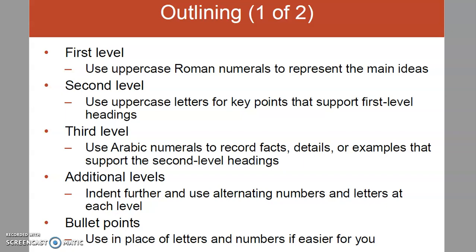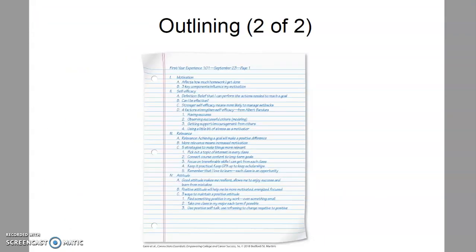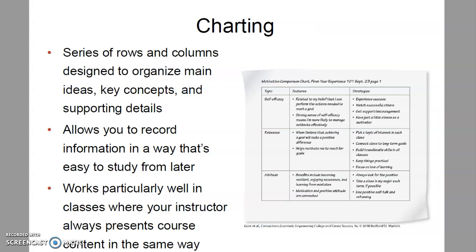So first we have outlines, which are very familiar for most students, where you're indicating different levels of information, higher and lower levels, and usually outlines use Roman numerals, letters, and or bullet points. There are pictures in your textbook and in the slideshow of each of these methods.